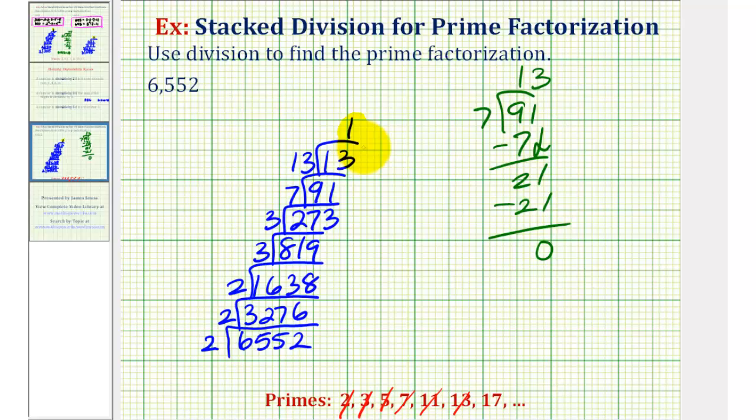The prime factorization occurs here on the left. The prime factorization of 6,552 is equal to 2 times 2 times 2 times 3 times 3 times 7 times 13.